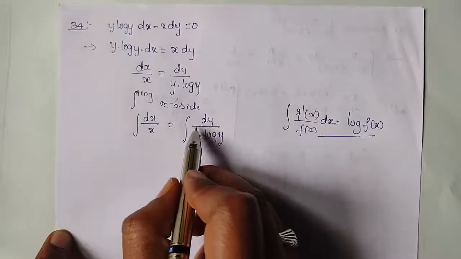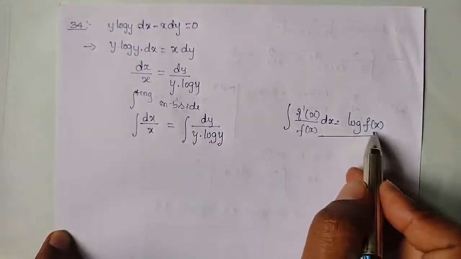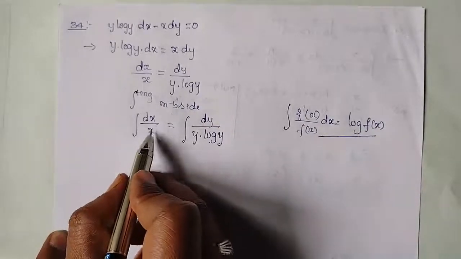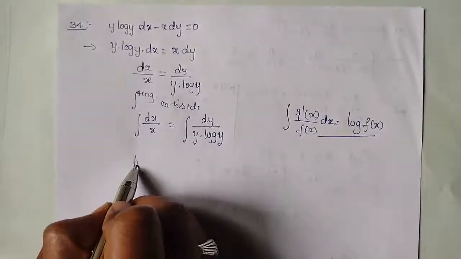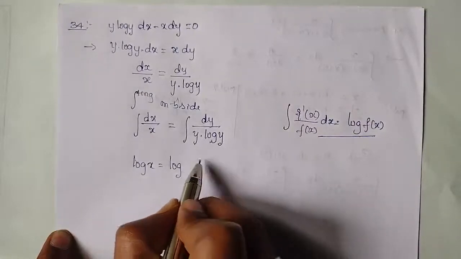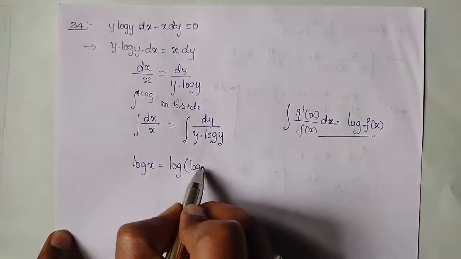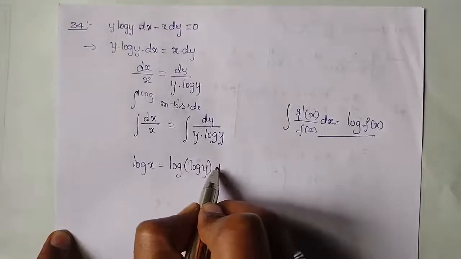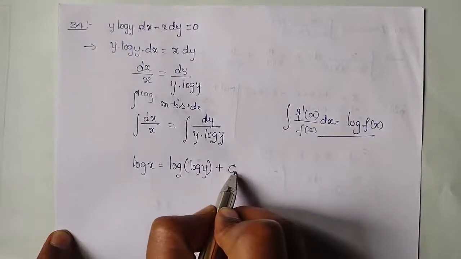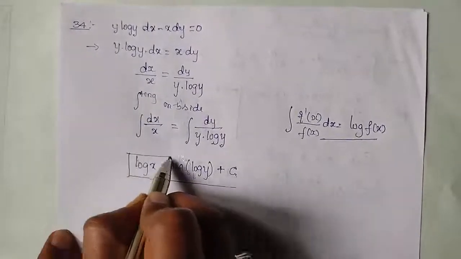That's why the right hand side integration is in the form of log of f of x. Integration of 1 by x is log x is equal to log of f of x, where f of x means log y, plus integration constant c. So this is the required solution. Understood?